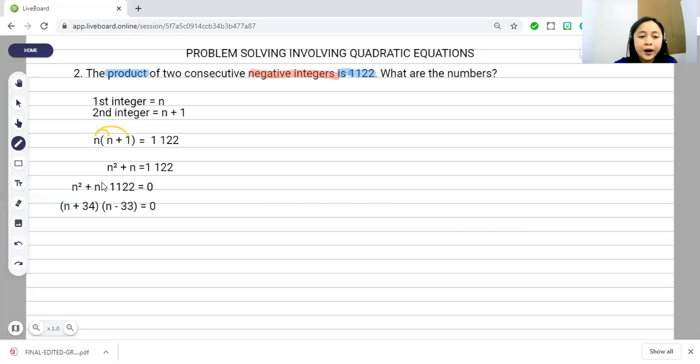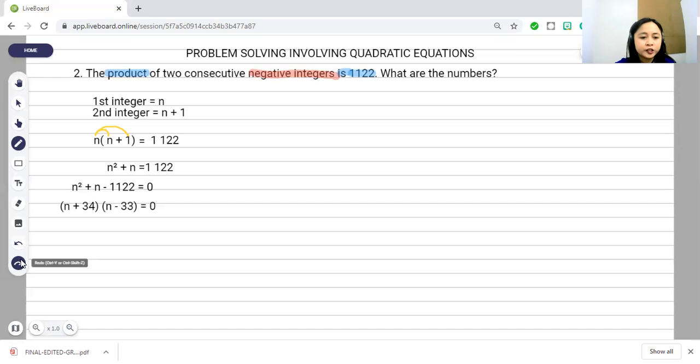So the factors of negative 1122 that when added will become positive 1 are 34 and negative 33. Because positive 34 times negative 33 is negative 1122. And if added with each other, 34 plus negative 33 is the positive 1 from the middle term in here. So we were able to factor this correctly.